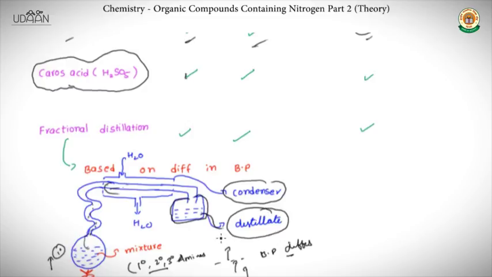That is, it is distilled from the mixture. The condenser is used to cool it down. As you are supplying heat here, you need to cool it, so you are supplying water through this condenser. Now this water cools down the primary amine and it will give you a distillate. Now let us see the next reaction.